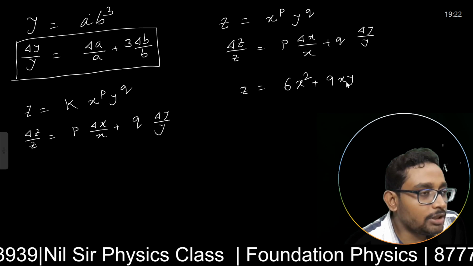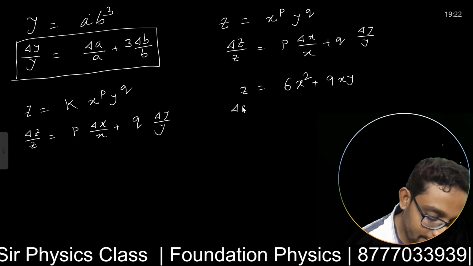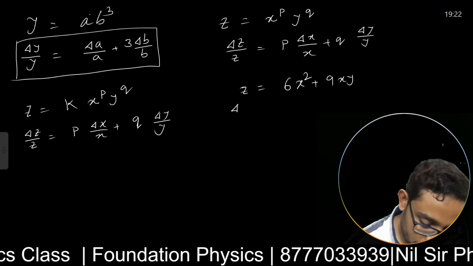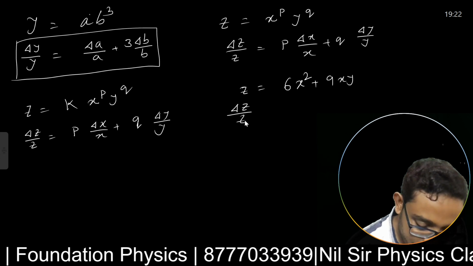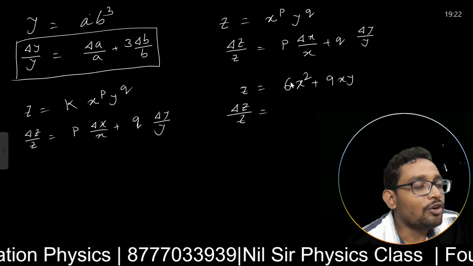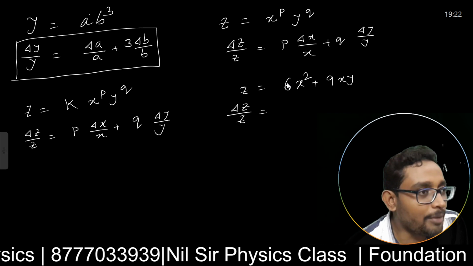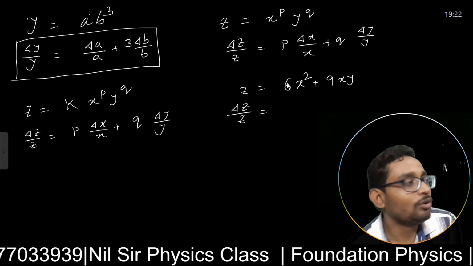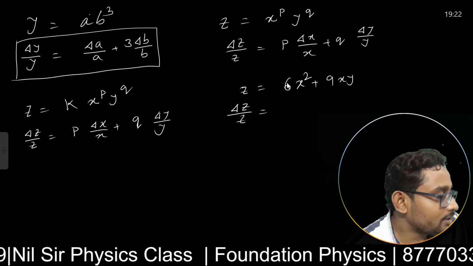What will be the fractional error in this case? Delta z by z: for the constant, this is a number, and a number is constant, so we cannot take error for this 6.